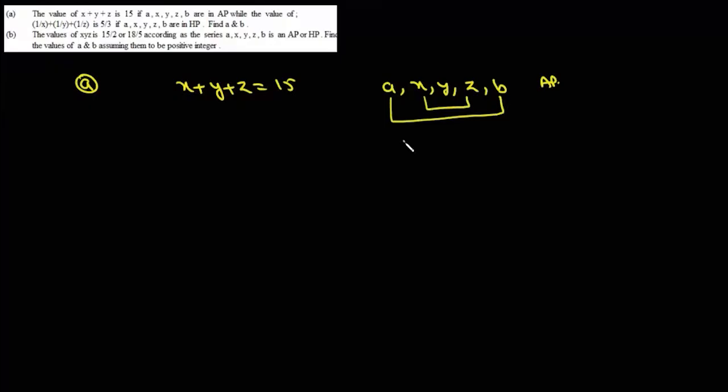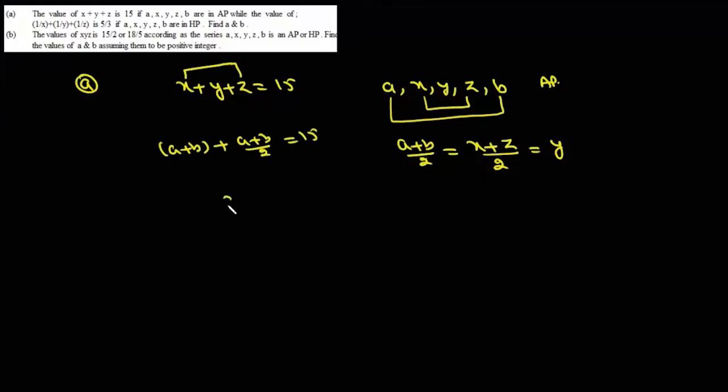That means (a plus b) by 2 is equal to (x plus z) upon 2, and it is equal to y. So x plus z will be equal to a plus b, and y is (a plus b) by 2, and this is equal to 15. So from here we can write the value of a plus b is 10, and that's our first equation.